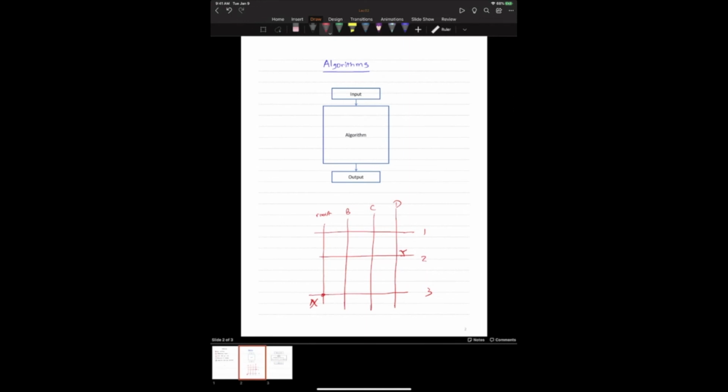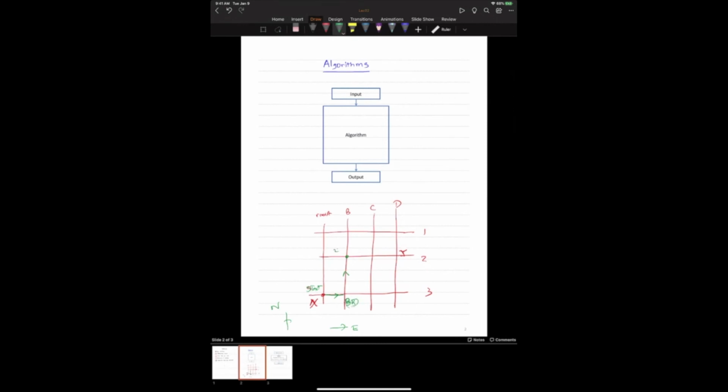It will say start. So you start here, and it will say go in this direction. We will call it east, and maybe that is north. Go east until point B, and then turn left until point 3B.